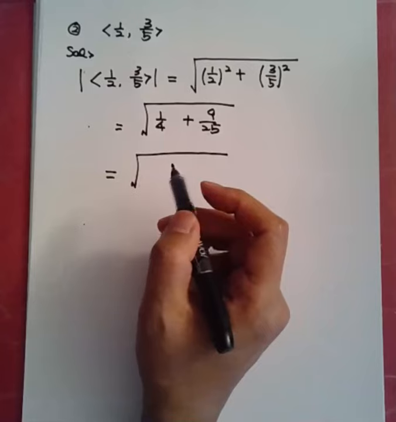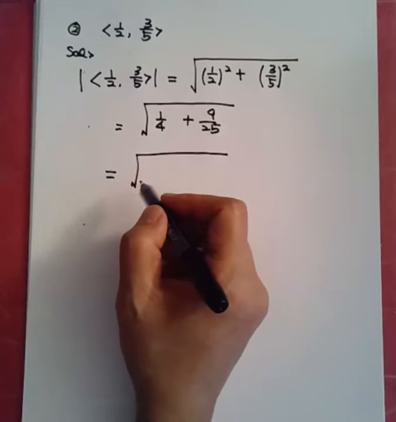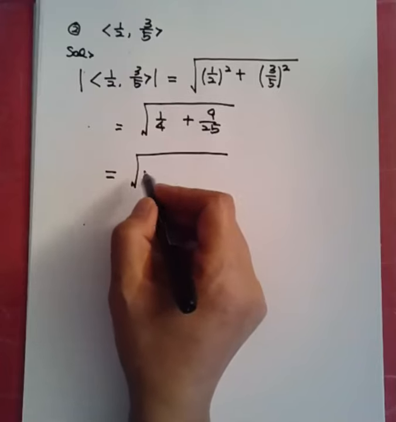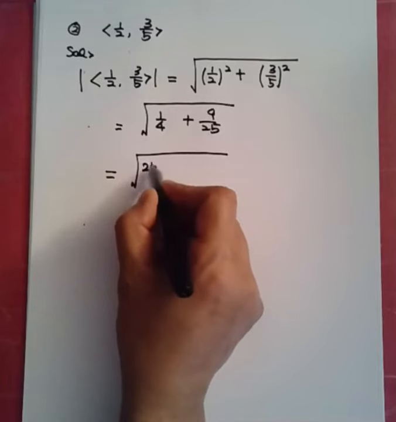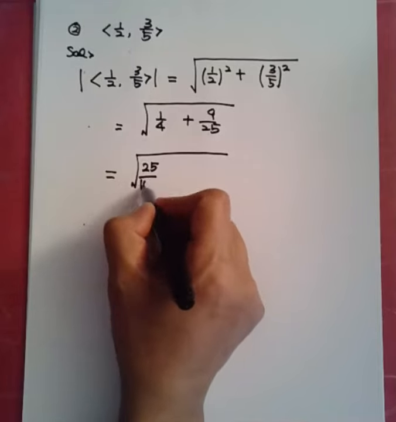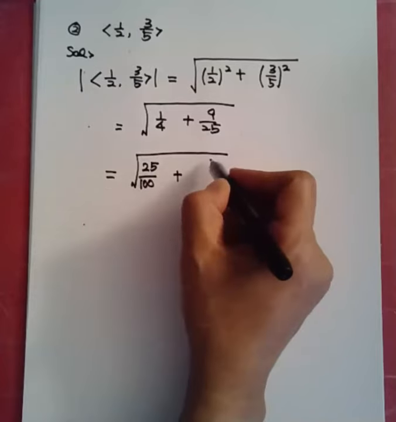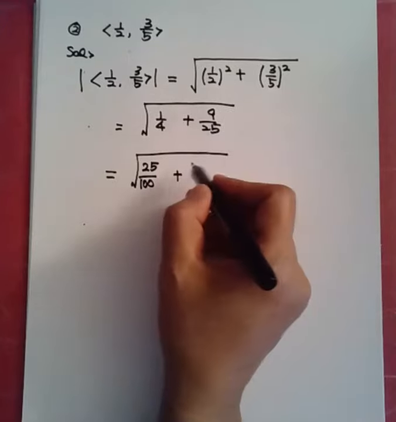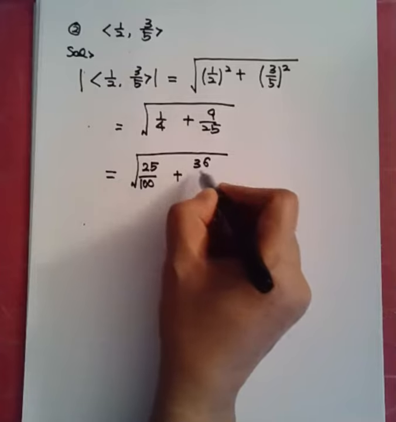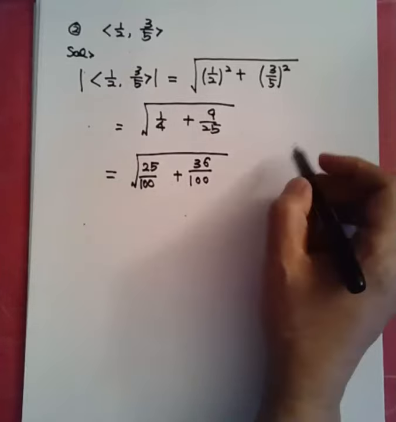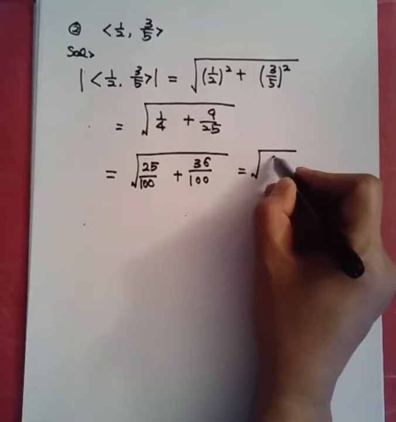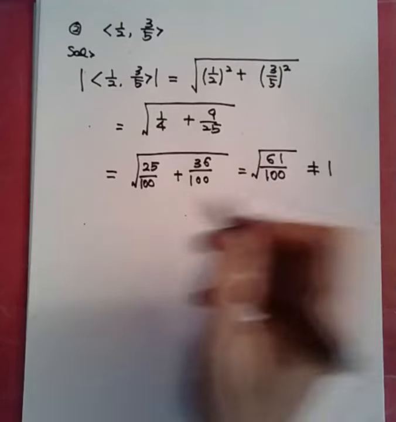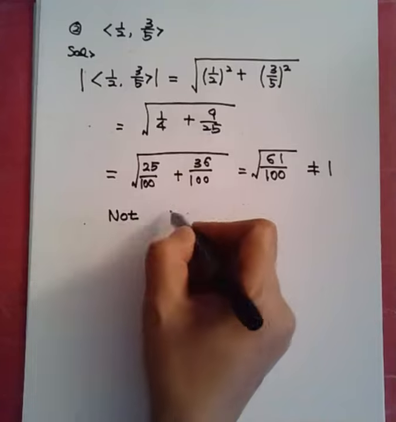We have to think about the common denominator. Let's just go with 100 because that is easier. So the first one is 25 over 100 plus, we multiply 4 on the numerator and denominator, then that will be 36 over 100. So that is the square root of 61 over 100. That is not equal to 1, so that is not a unit vector.